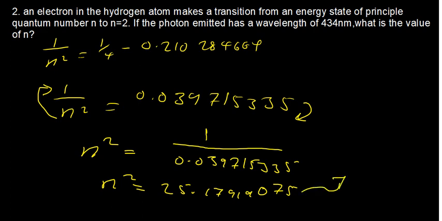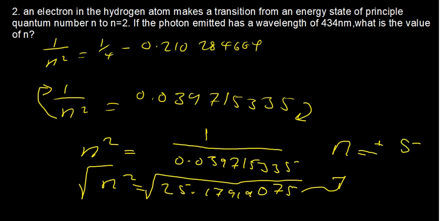So from here we are going to take the square root on both sides. So therefore our n is going to give us positive or negative approximately 5, because energy levels can't have fractions. Now we don't take the negative sign of this one, because an energy level can never be negative. Therefore our n is going to be 5.